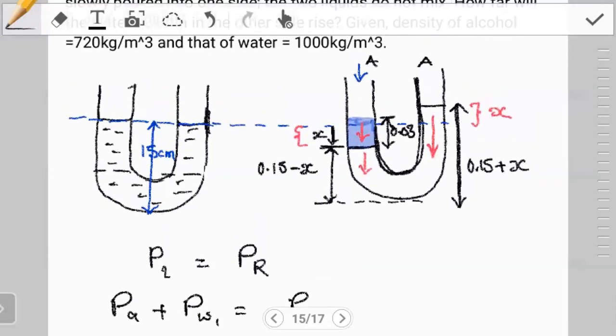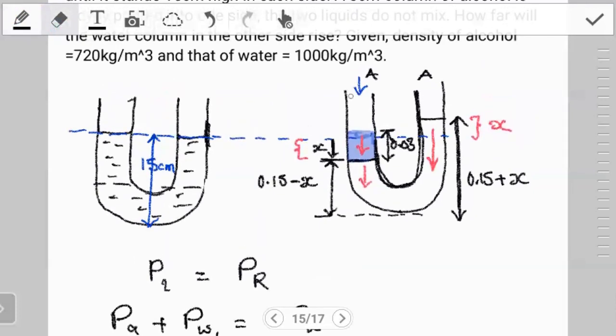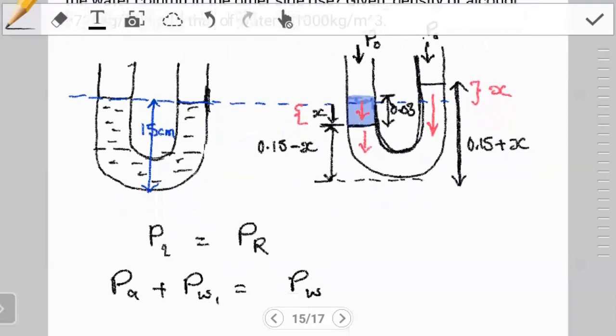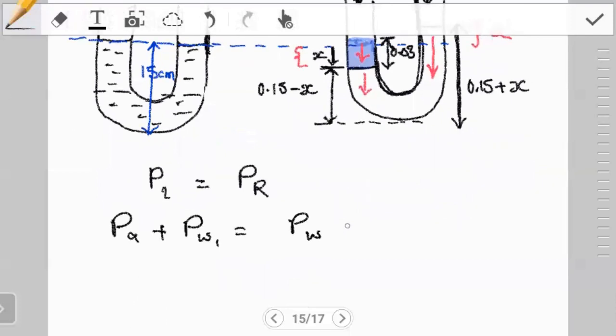Now, one key thing that I want you guys to quickly keep in mind when dealing with these formulas for pressure in fluids, as you saw earlier on in the description, is that we also have the external pressure this side, P naught, the atmospheric pressure. But in this case, the external pressure is the same on the left-hand side and on the right-hand side. So even if you tried to include it on the right-hand side, you'd have to include it on the left-hand side.